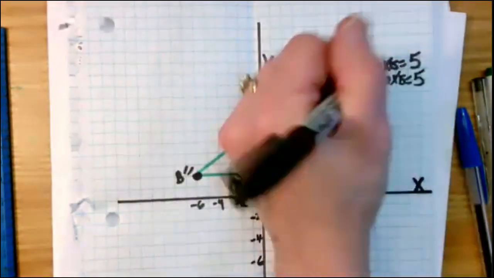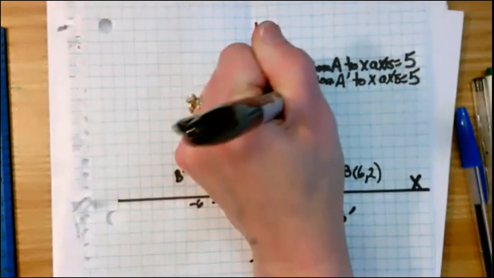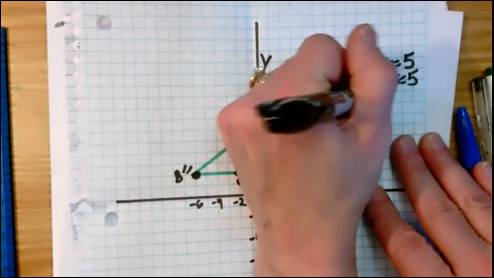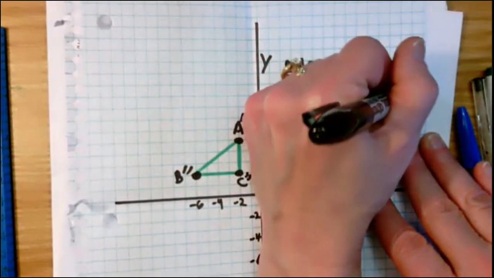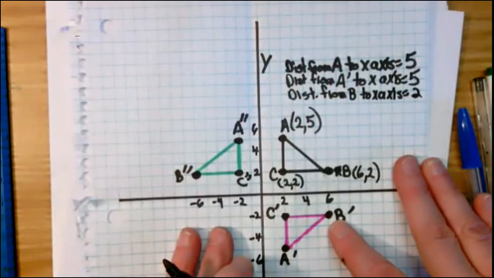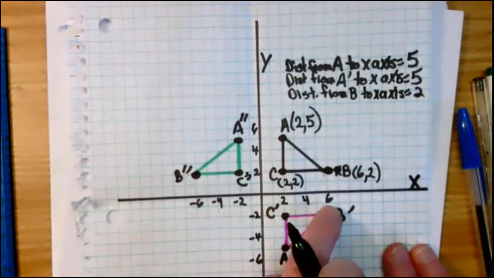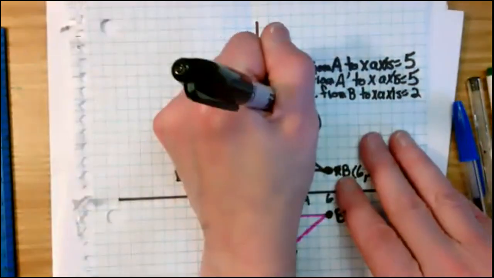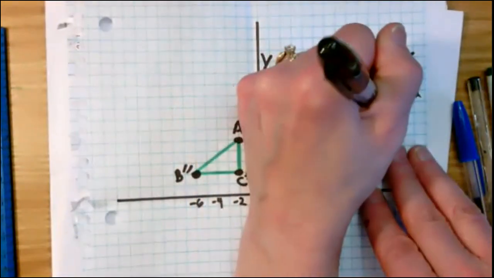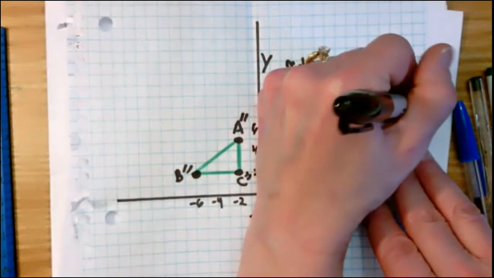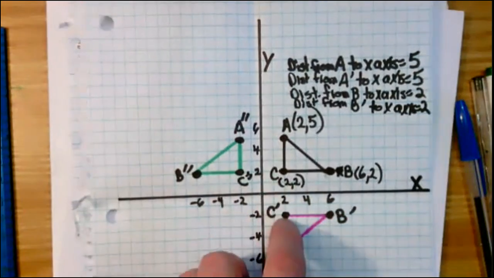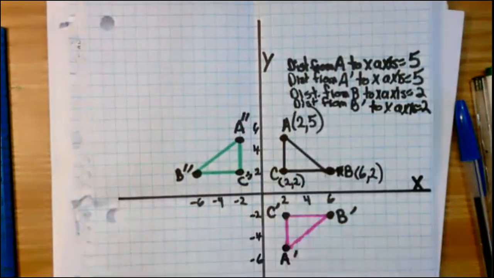The distance from B to x-axis, where's B? 1, 2. What's B prime to the x-axis? 1, 2. And the distance from B prime to x-axis equals 2. And if we were to do that for C, you can see that it's also 2 units either direction, right?